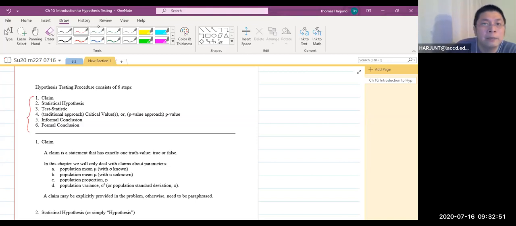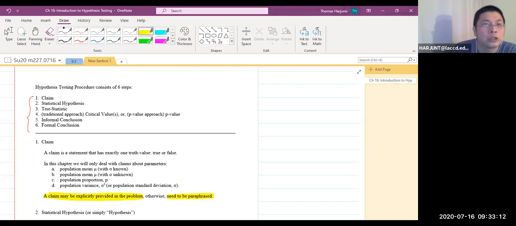A claim may be explicitly provided in the problem. Otherwise, you need to paraphrase it into a claim.